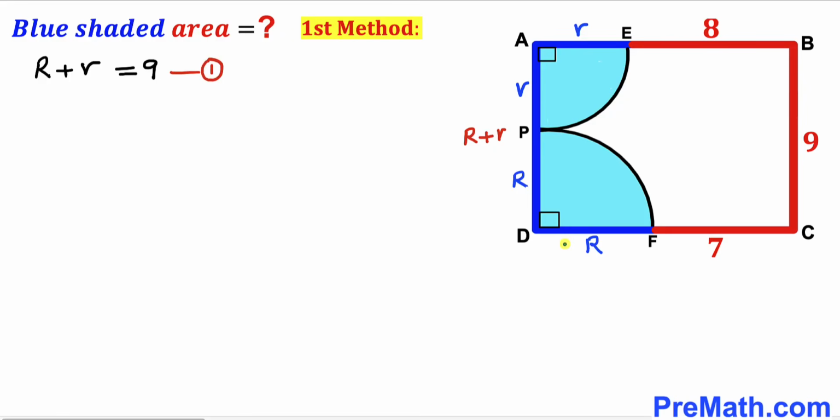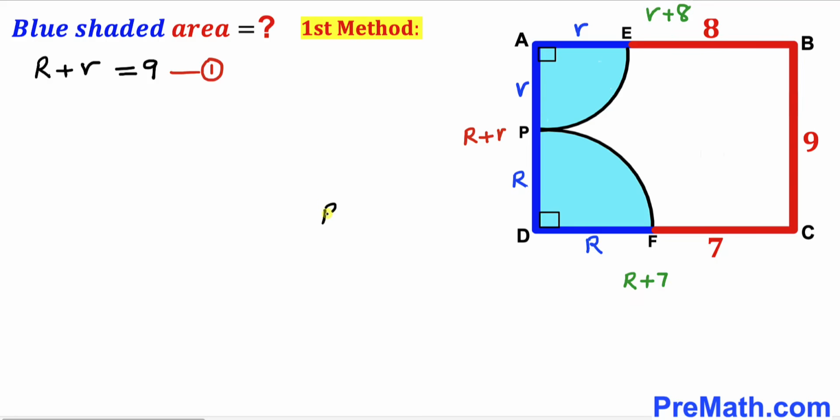And here's our next step. I'm going to calculate this side CD length as uppercase R plus 7, and this AB side length is going to be lowercase r plus 8. And since these two side lengths are equal, I can equate them.